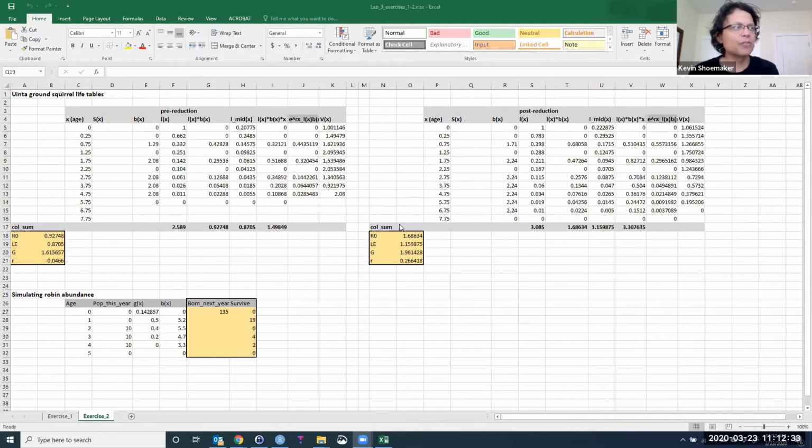Now that's critical there, because anything below 1 means you have a declining population. You're below replacement. Each individual can only replace itself by 0.92 pre-reduction, whereas each individual is more than replacing itself in the post-reduction. So that is also reflected in the little r.